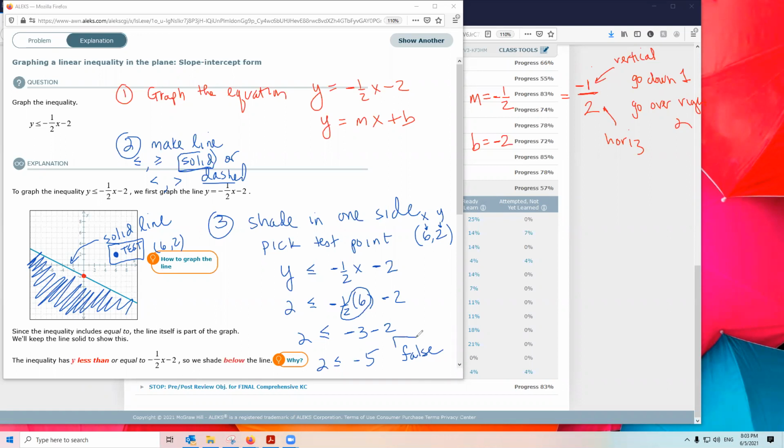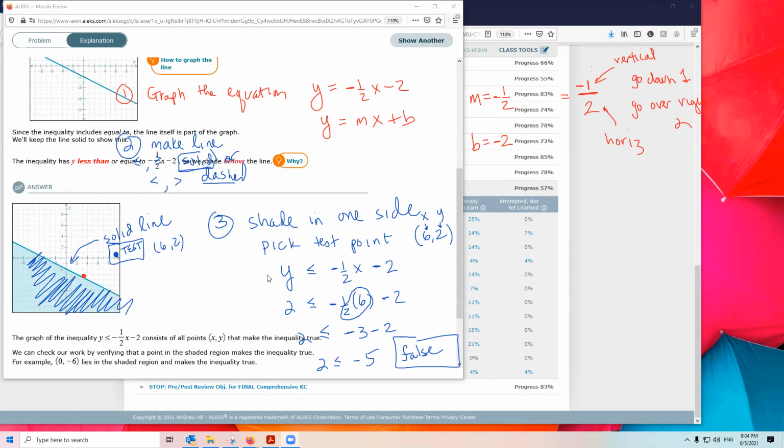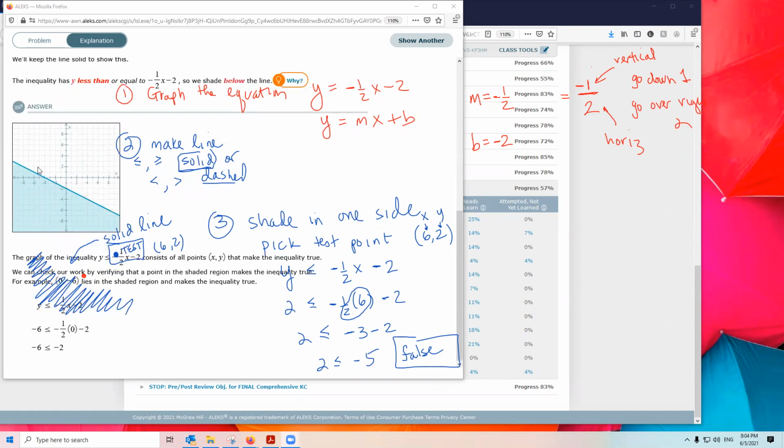But in our example, the inequality turned out to be false, which is why I'm shading in the other side of the line. Okay, so let me scroll down just so you could see the final answer here. Again, you could see how in this graph, they're shading in the bottom of the line.